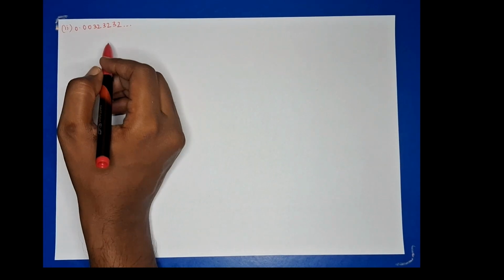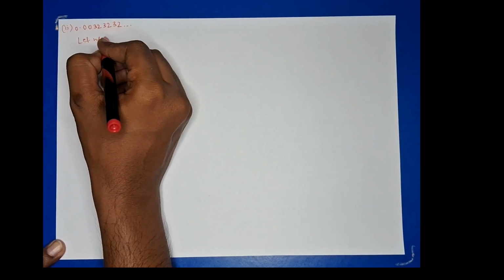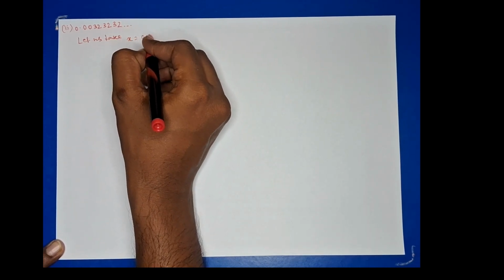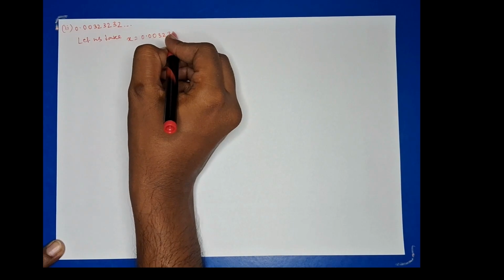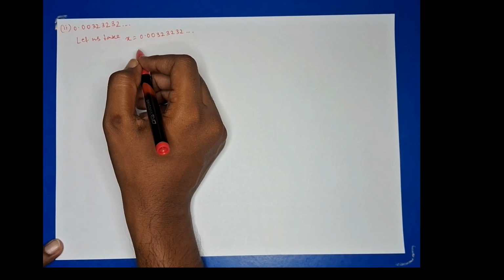0.00323232 dot dot dot. So let us take x is equal to 0.00323232 and so on. Here we will apply the same method.